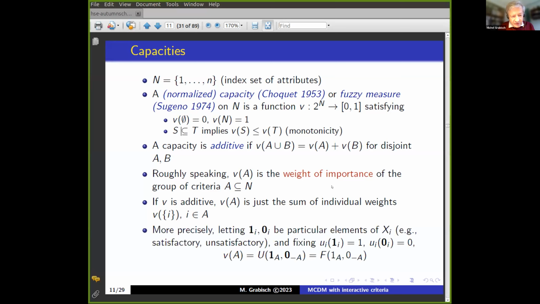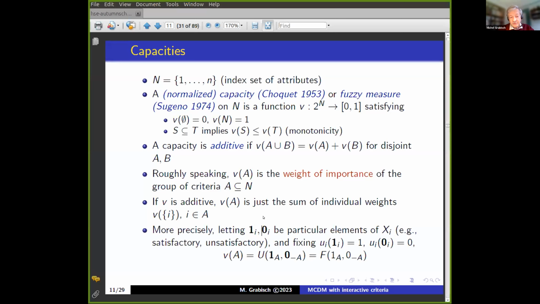which is here. Suppose that you fix some particular elements on your attributes, which we denote by this bold 1 and bold 0. These are not necessarily numerical values, because depending on the attributes, it can be something qualitative, not numerical.